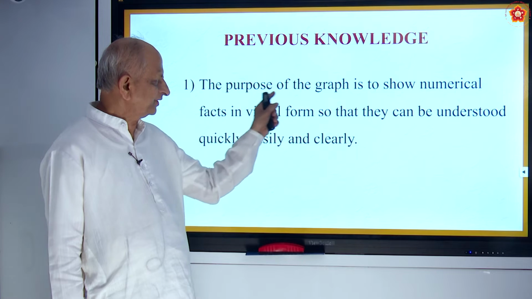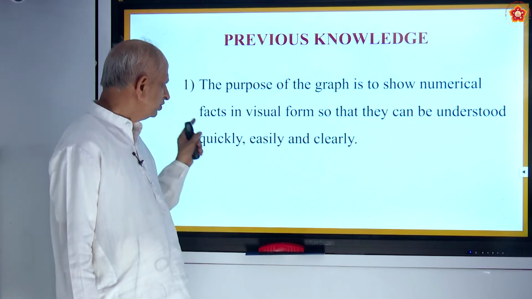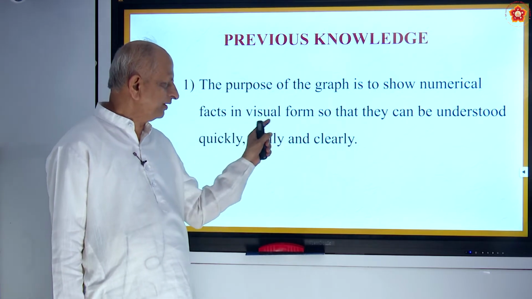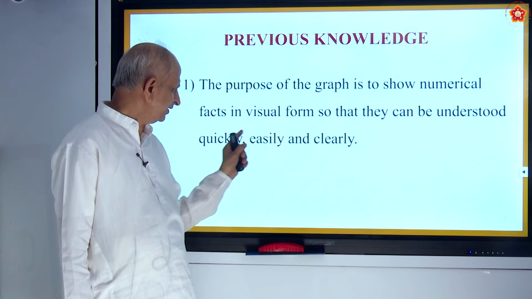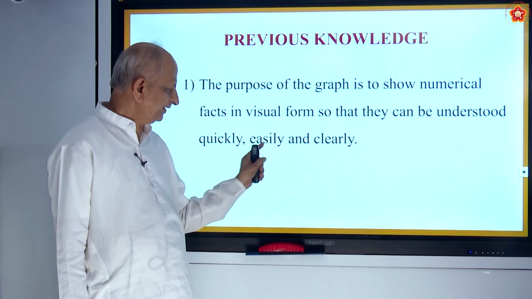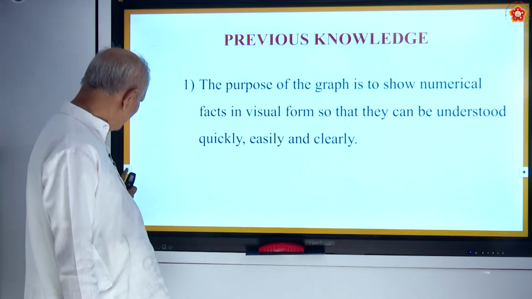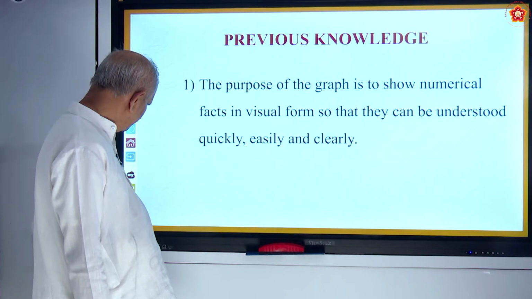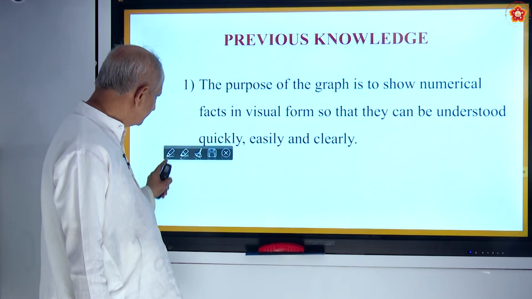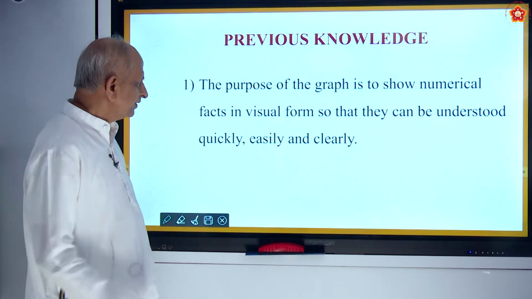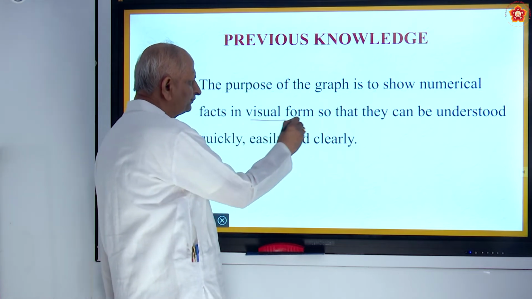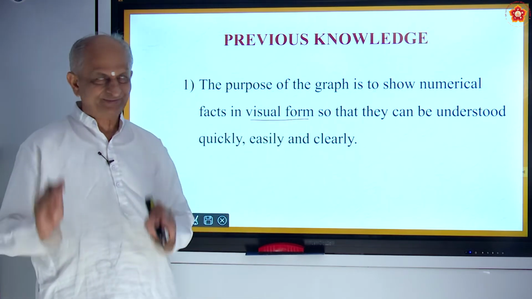The purpose of the graph is to show numerical facts in visual form so that they can be understood quickly, easily and clearly. So, what does a graph do? It gives a clear picture, the visual form, which means you can see it.